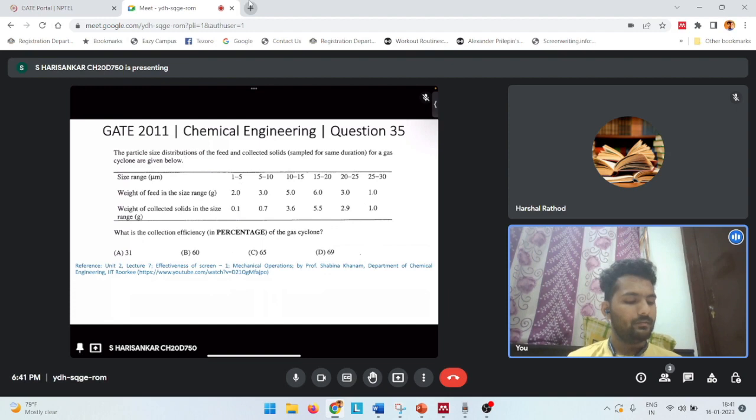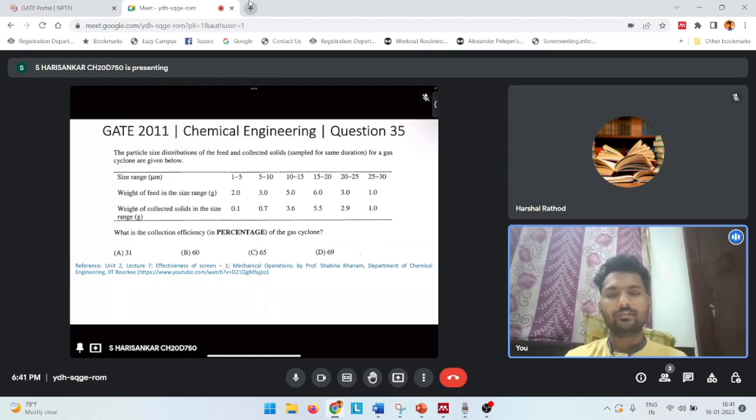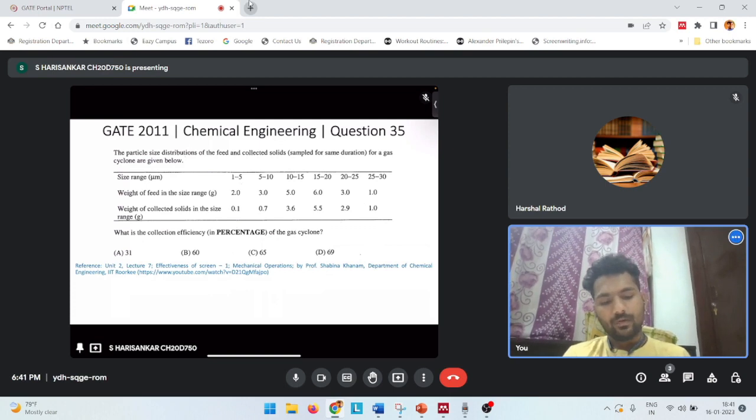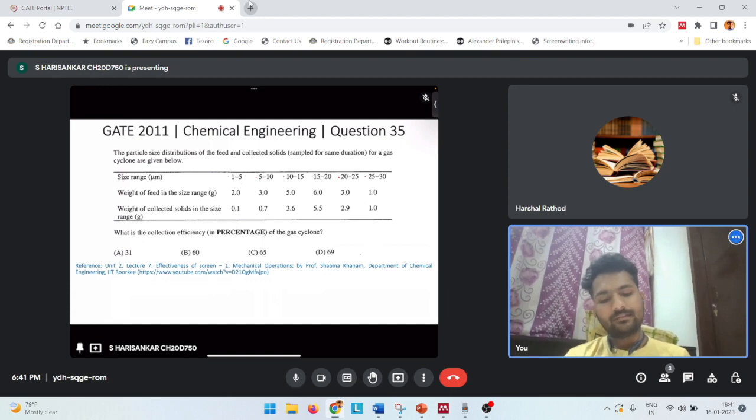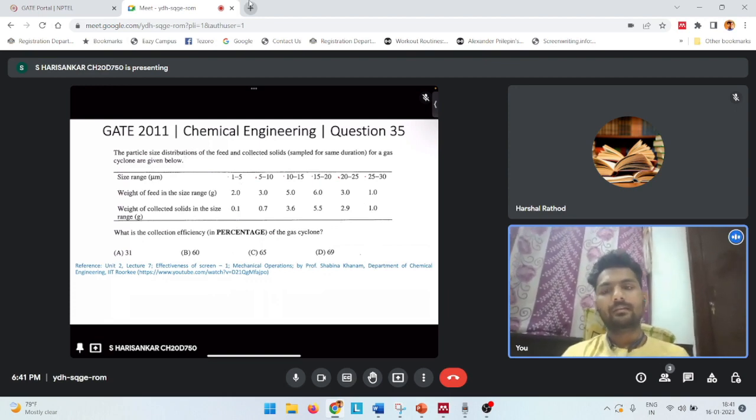So here they have given us 6 different ranges of particles. 1 to 5, 5 to 10, 10 to 15, 15 to 20, 20 to 25, and 25 to 30. And they have given us the feed of the particles in these size ranges as 2, 3, 5, 6, 3, and 1 respectively.